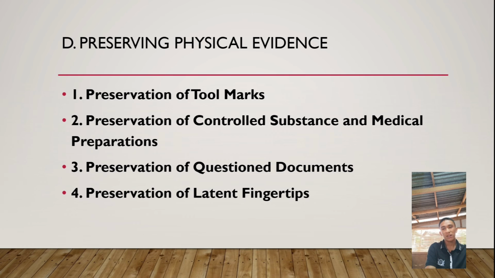The next one is burned documents, where examination and decipherment of burned paper is involved. Great care must be taken to prevent any additional crumbling or breaking up of the burned material.